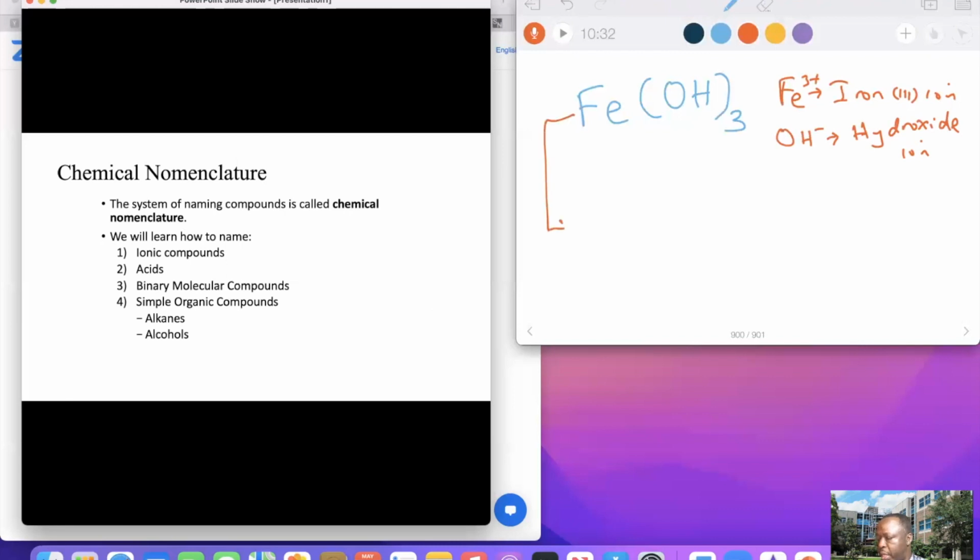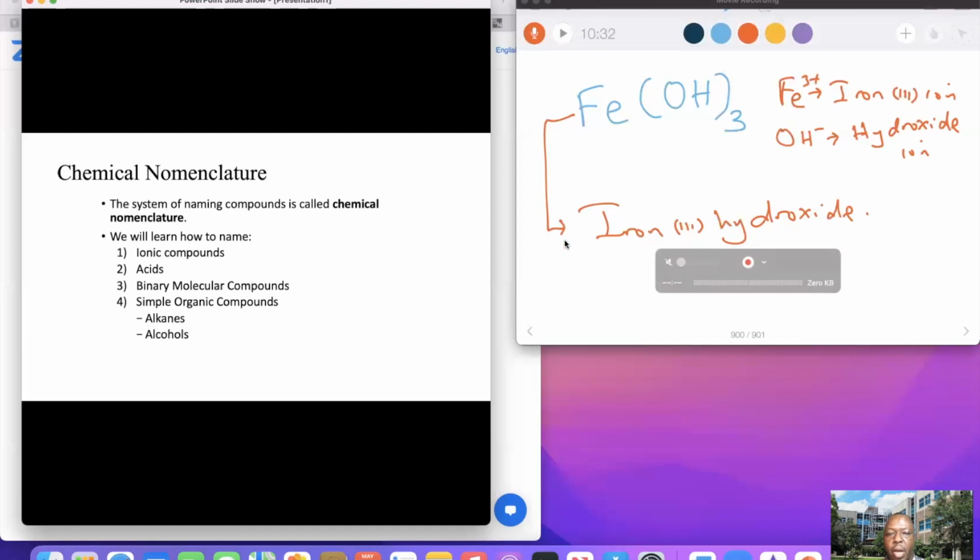Therefore, this compound is iron(III) hydroxide. That's how you name the ionic compounds formed by transition metals which form more than one charged particle. Use the Roman numeral, the Stock system, even though you may sometimes see the old way of saying ferric hydroxide or ferrous hydroxide.